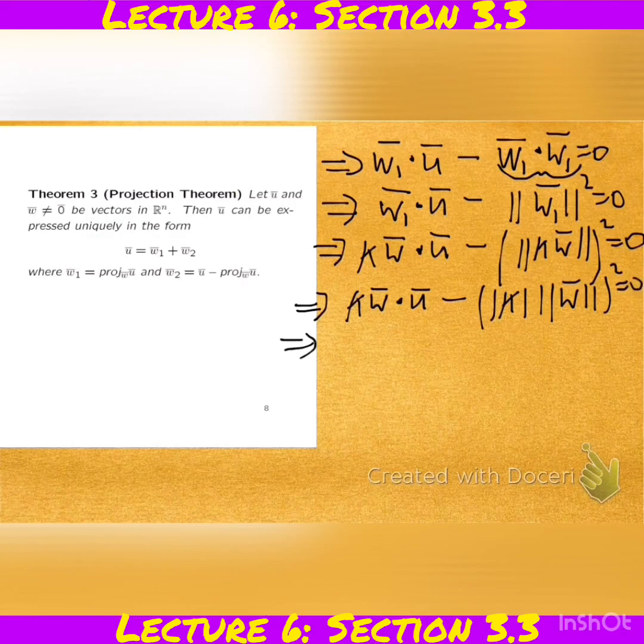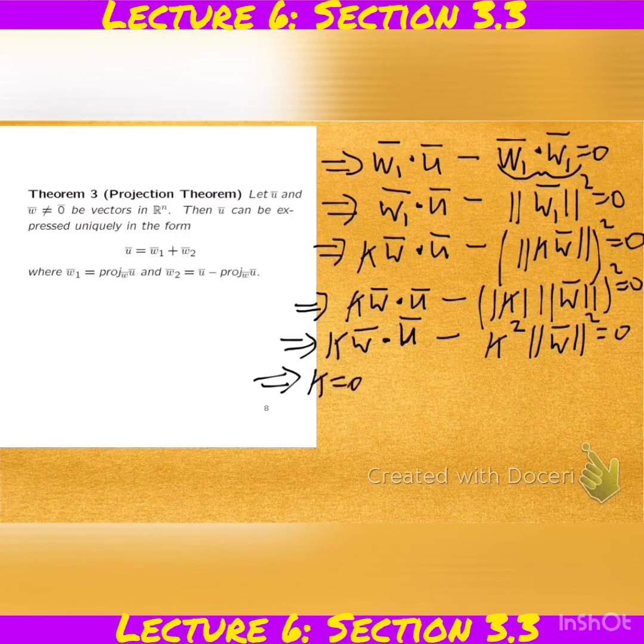That's k squared multiplied by w's norm squared, equal to 0. From here either k is 0, or we can solve for k as the dot product between w and u divided by the norm of w squared.